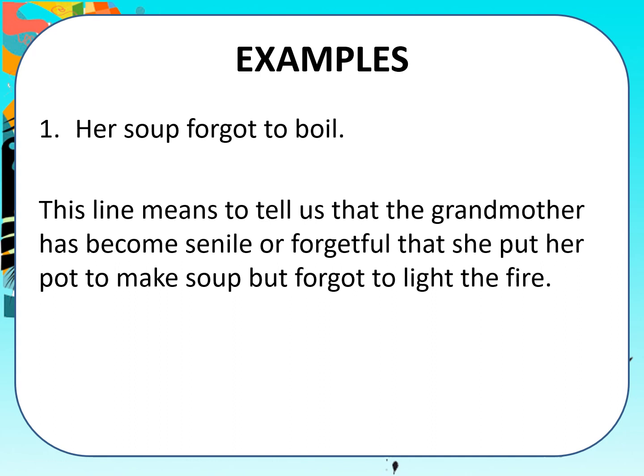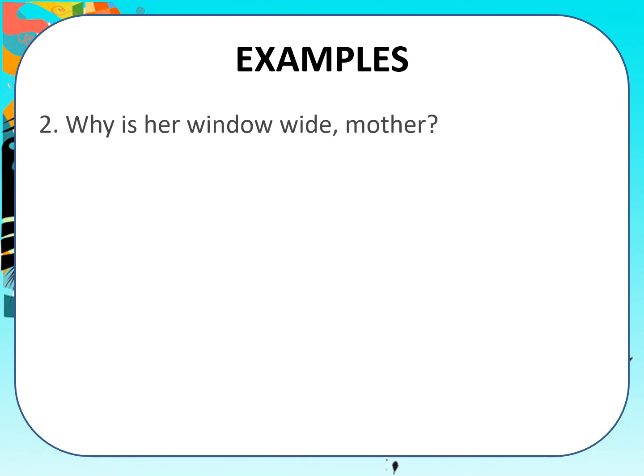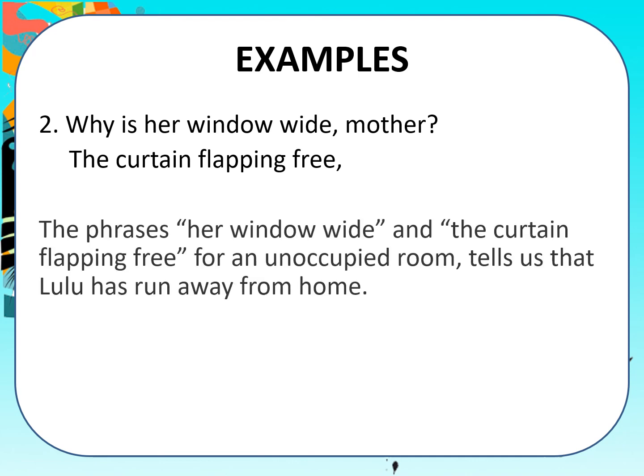Right? Okay. The next example. Why is her window wide, mother, the curtain flapping free? From which poem is this? Yes, it is from What Has Happened to Lulu. So the phrases her window wide and the curtain flapping free are for an unoccupied room.